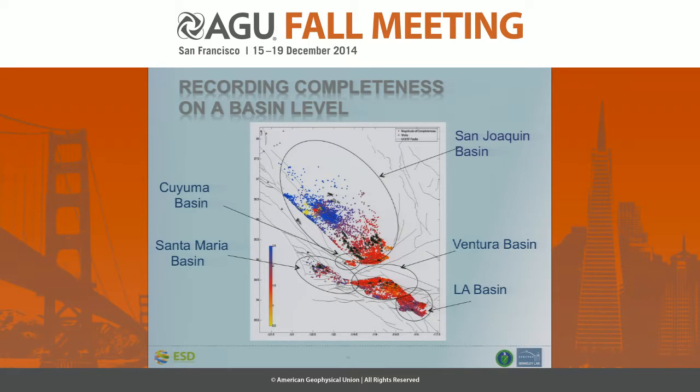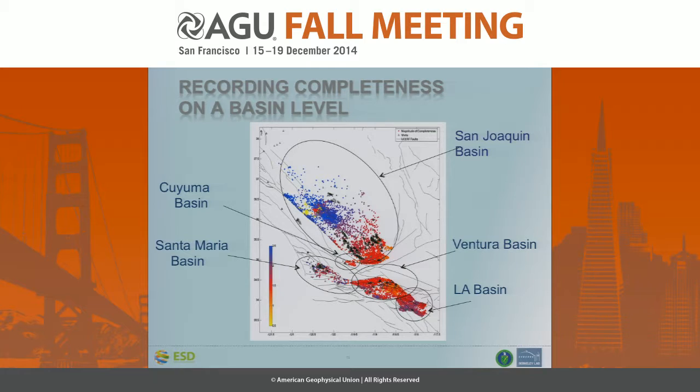Bakersfield is somewhere down here. All the triangles are the active water disposal wells, which were plotted before in orange. So it's the San Joaquin Basin, the Santa Maria Basin, the Ventura Basin, the LA Basin, and the relatively small Cuyama Basin. And this is the completeness basin by basin.